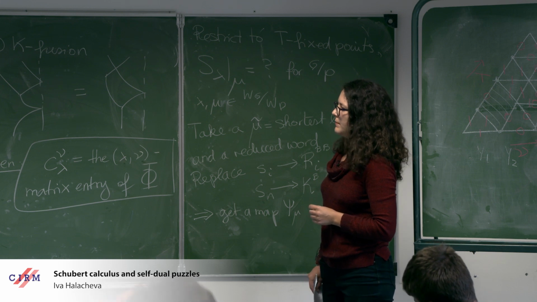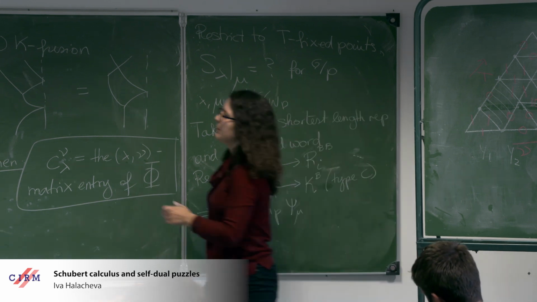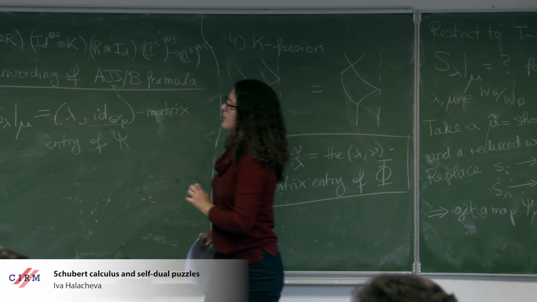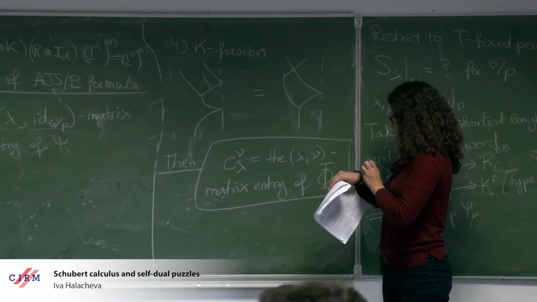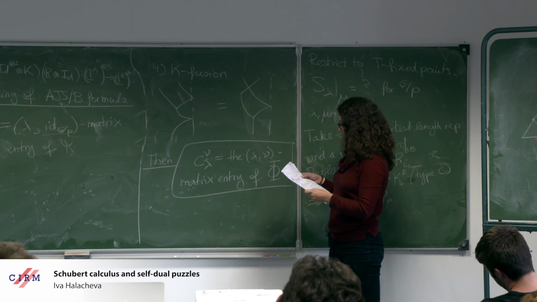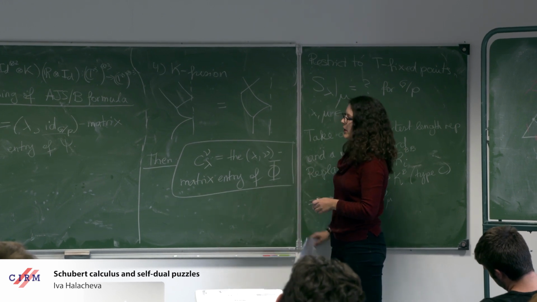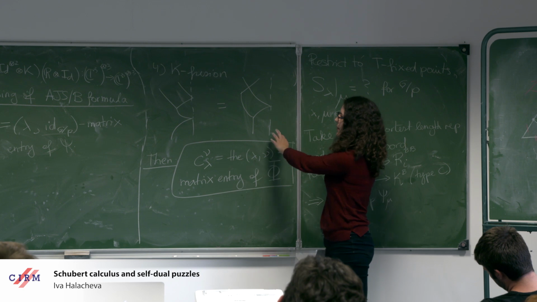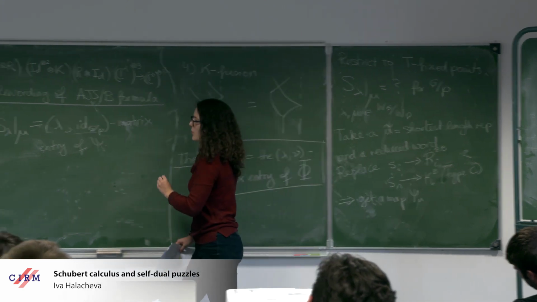Okay. Right. So we're able to translate the AJS-Billey formula also in this language. And so then the proof really becomes a play with these scattering diagrams.